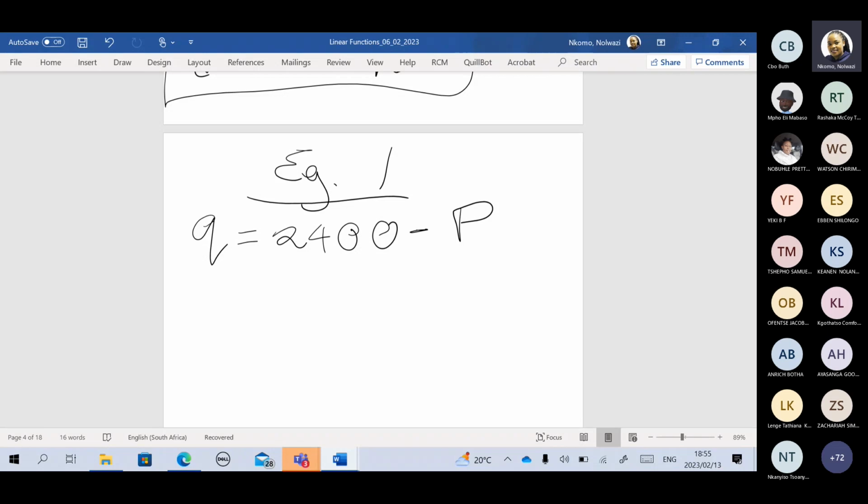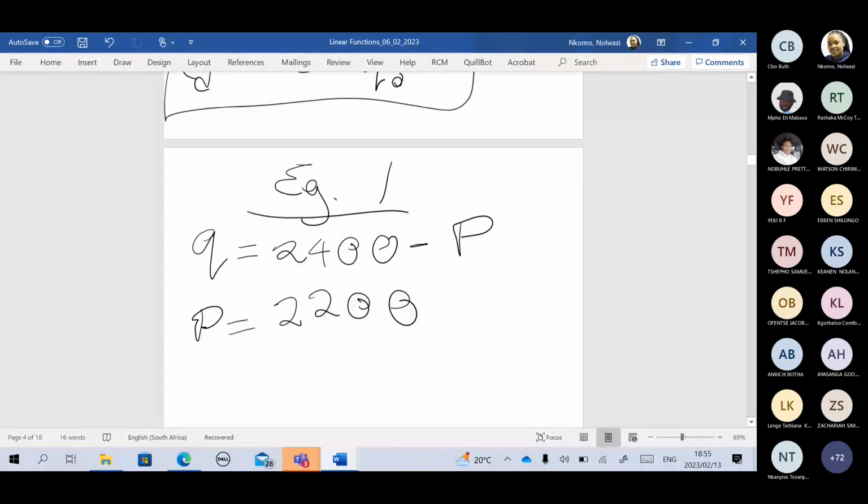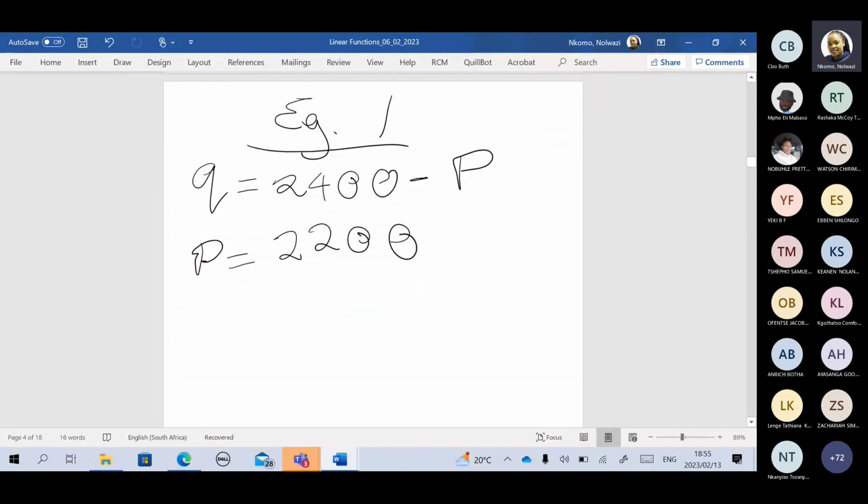Let's say we are asked to determine the point elasticity of demand when the price is equal to 2,200. We are asked to find the elasticity of demand for this demand function at a price of 2,200.